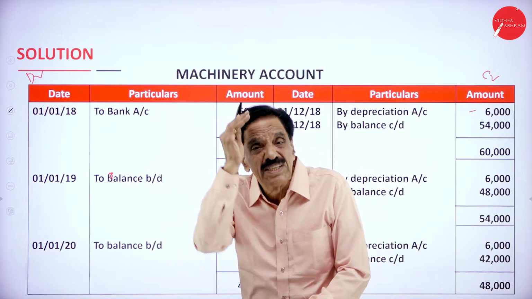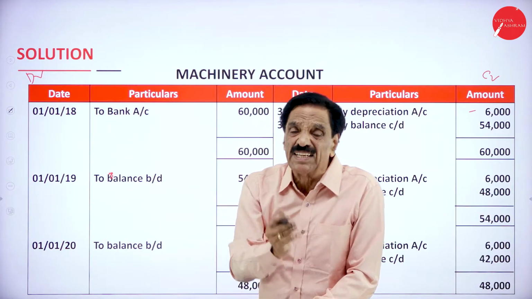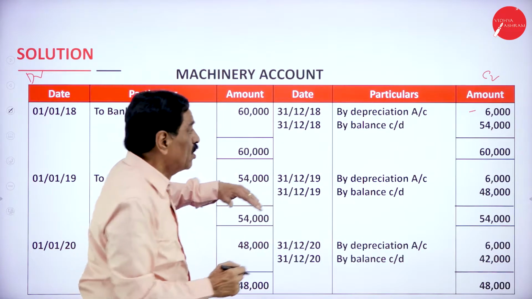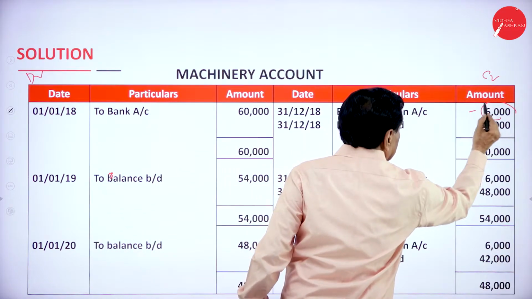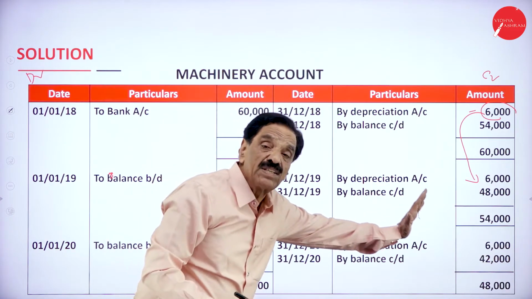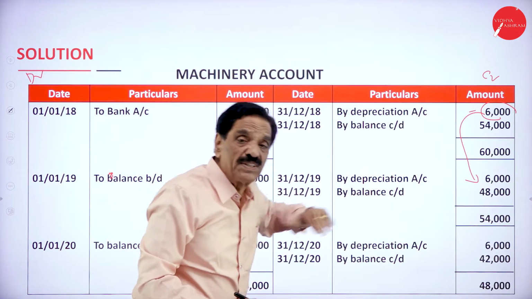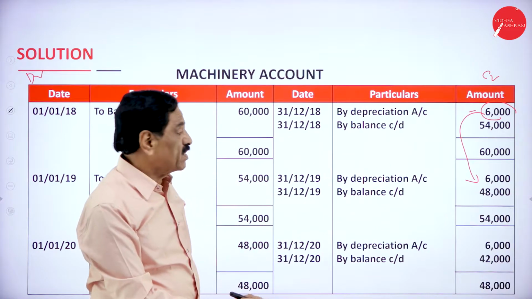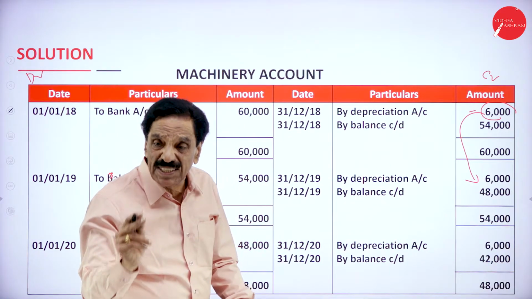I told you depreciation remains constant. The second year also it is 6,000. Don't charge on 54,000. The second year depreciation amount is also 6,000. By depreciation 6,000, the balance is 48,000. 54 minus 6 is 48,000. That is the closing balance of the second year.